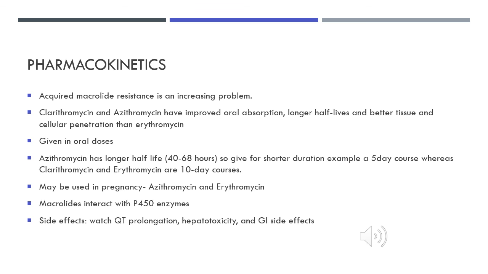GI intolerance, because of it being an oral agent, generally is what we see, but the things we also have to watch out for are hepatotoxicity. It's not renally excreted; it's hepatically excreted, with biliary excretion as well. QT prolongation.